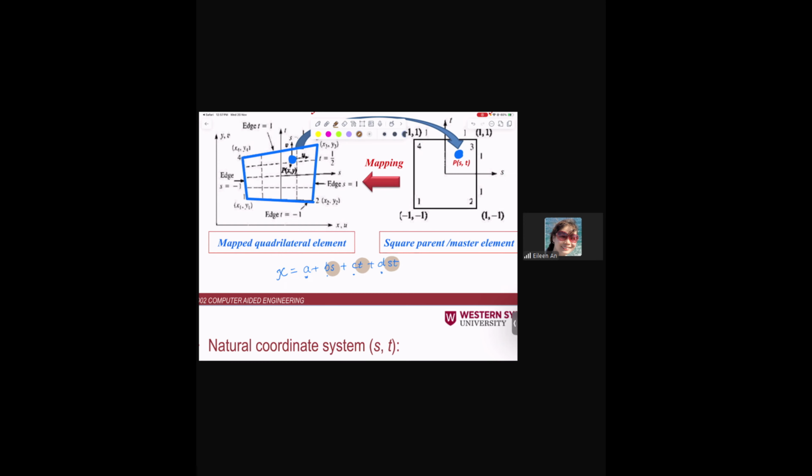A, B, C, D are four constants in this equation. Okay. Now, how do we know what A, B, C, D are?